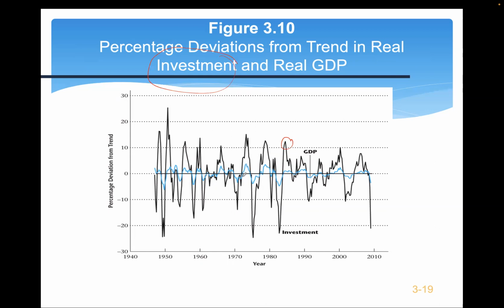When GDP increases, investment increases; when GDP falls, investment falls. So they are positively correlated, similar to consumption. But in terms of magnitude, the investment adjustment is much more volatile, right? When GDP falls, investment falls more than 3 or 4 times compared to GDP.